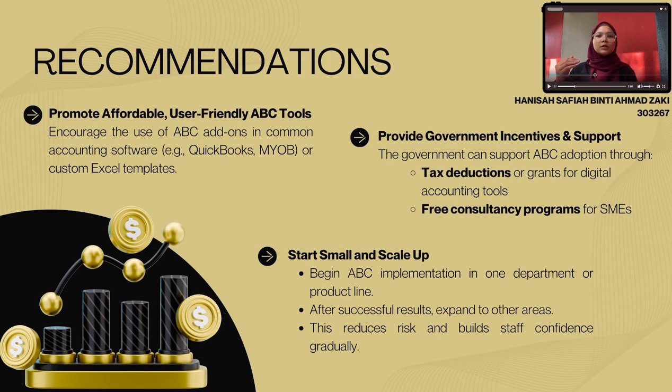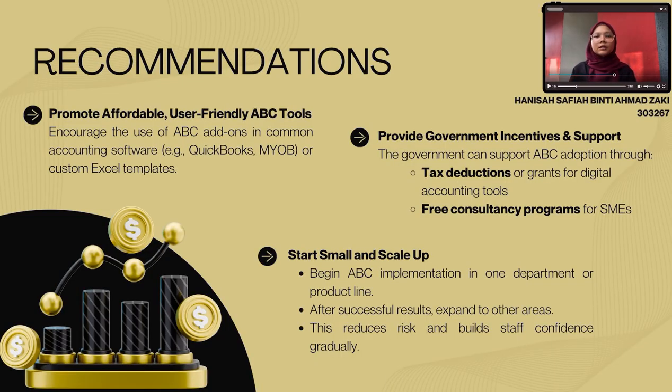So this will address the issue seen in Ahmad's study, where SMEs lack the expertise and couldn't afford a proper system. Secondly, companies can also be encouraged to start small and then scale up. Activity-based costing doesn't have to be implemented across the whole organization at once.